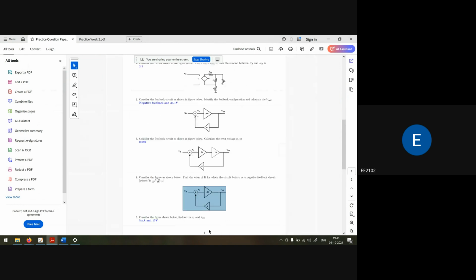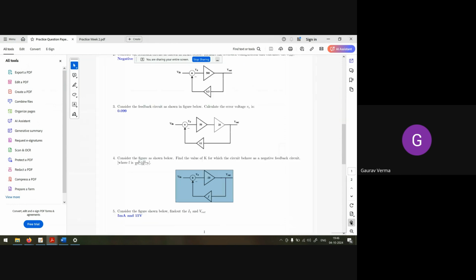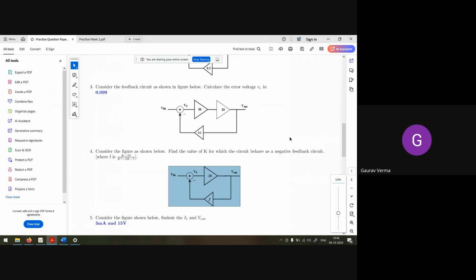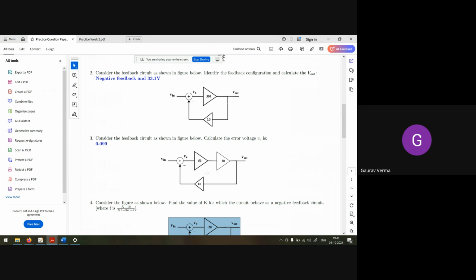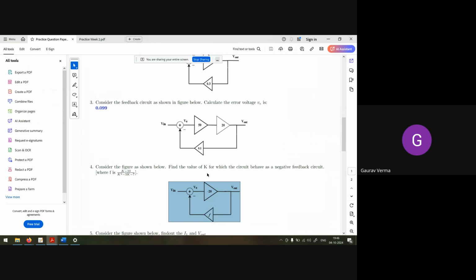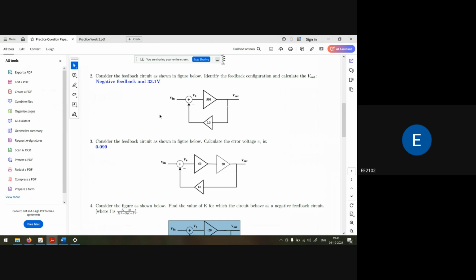Questions 3 and 4 do not have the value of V in specified. In question number 3 we have to find out VE, and in question number 2 second part we have to find out the value of V out. In question 4, the V in value is not given here.